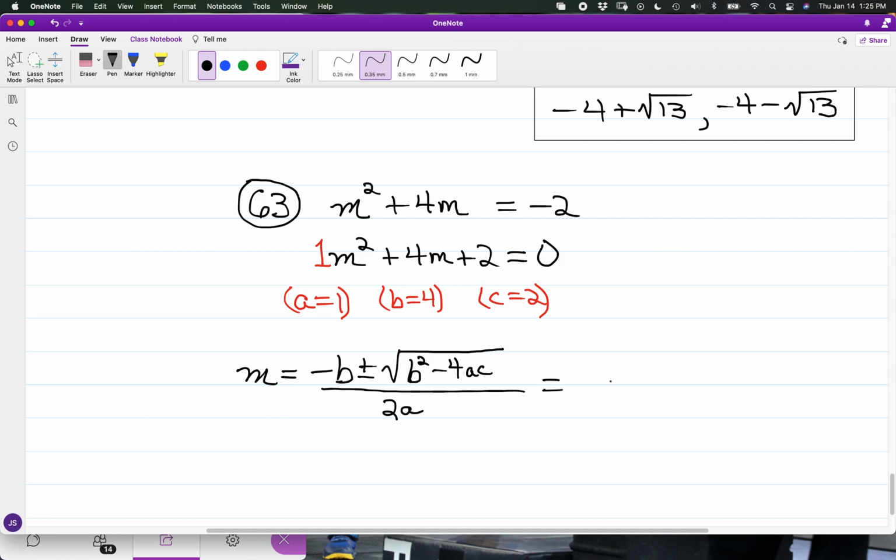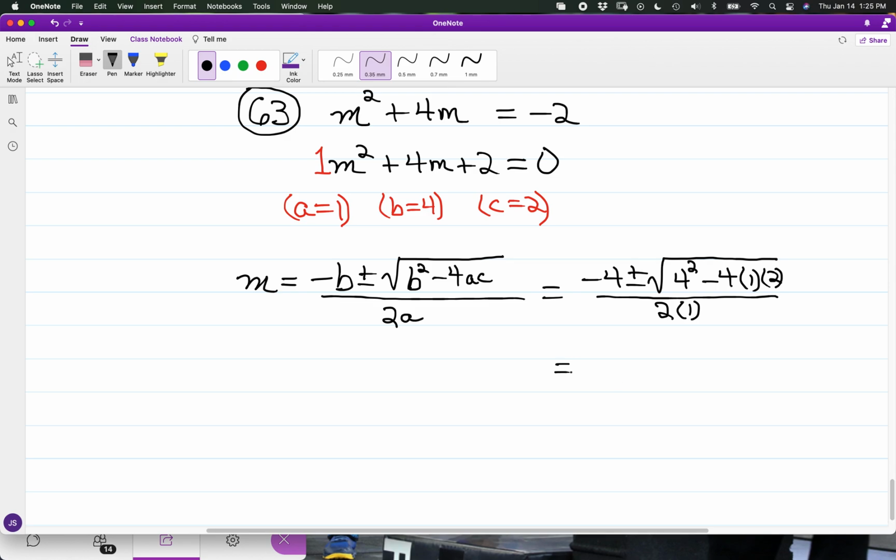So you have a negative b, again by direct substitution: negative 4 plus or minus the square root of, for b squared, 4 squared, minus 4 times a times c, so times 1 times 2, and over 2 times a, so over 2 times 1.